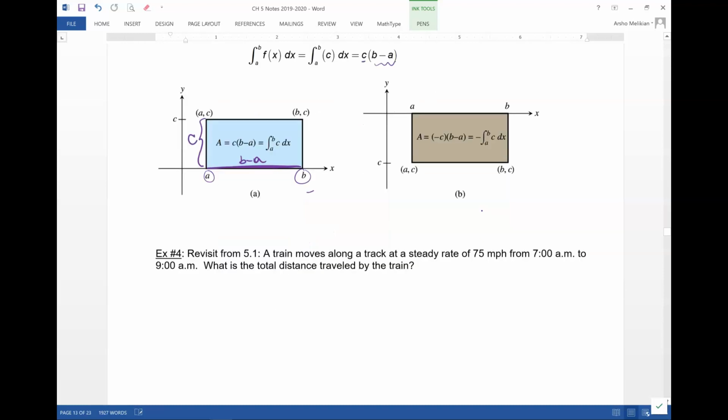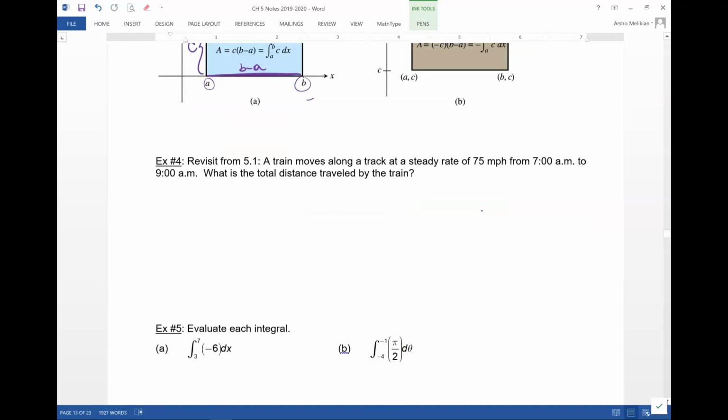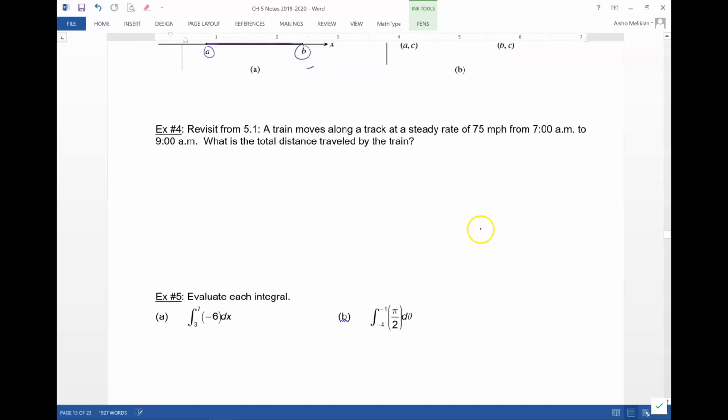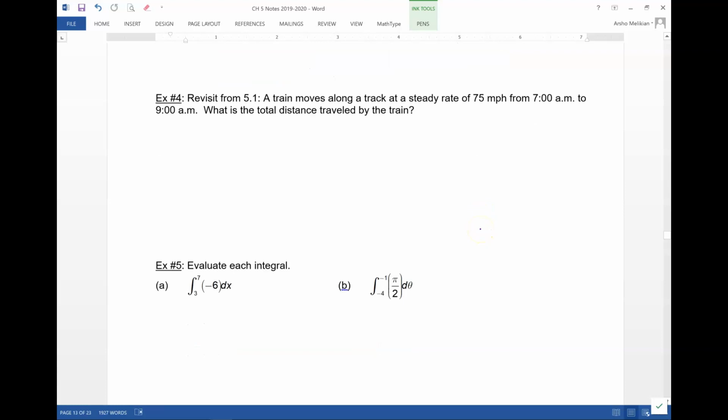So remember we did this in section 1, the train that was going at a steady rate of 75 miles an hour? Let's go back to that train going at a steady rate of 75 miles per hour from 7 to 9. Do you remember we drew the rectangle?